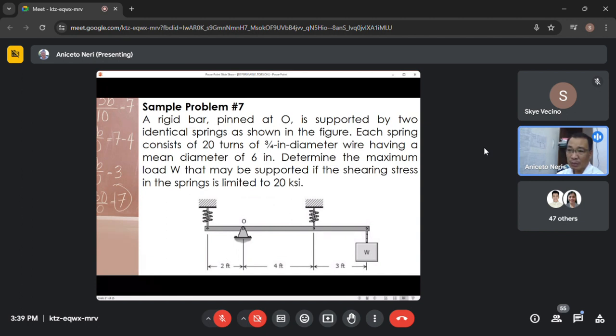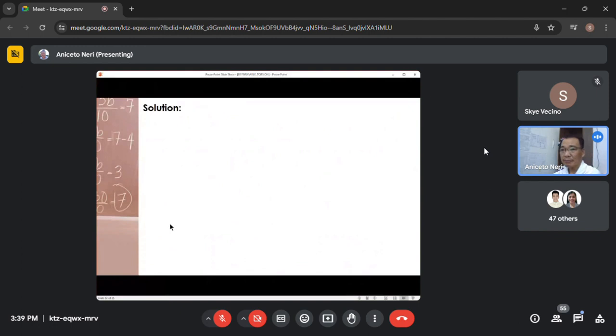So, for this one, i-assume nato daan nga kining spring sa left, naka-experience og 20 ksi, and then we solve for W. Ang sunod, i-assume nato nga ang 20 ksi ang stress dire, and then we solve for W. And from there, you choose unsa ang maximum na value. Okay. Sige. Maura niya given. Mean diameter, number of turns, diameter sa wire.